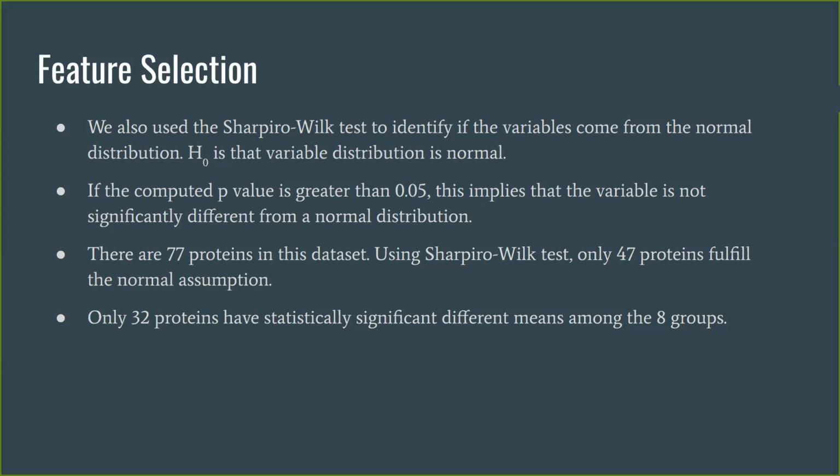We just select the variables that fulfill the normal assumption, and then only we apply the ANOVA to do the feature selection. Then how about the other 47 proteins? There are 47 proteins that fulfill the normal assumption, and the other 30 proteins are just ignored. What? You're not using them? Yeah.